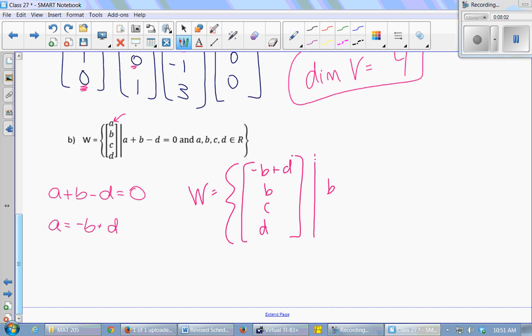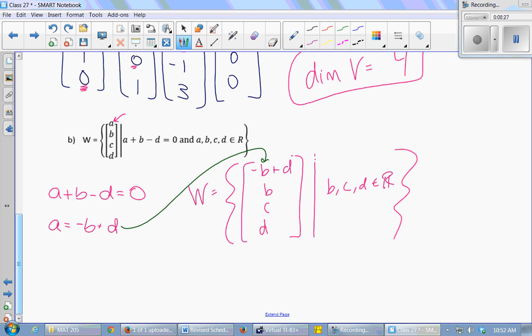Such that B, C, and D are in R. Is that easier to write a spanning set for? I've already used the constraint in replacing the A with the negative B plus D.